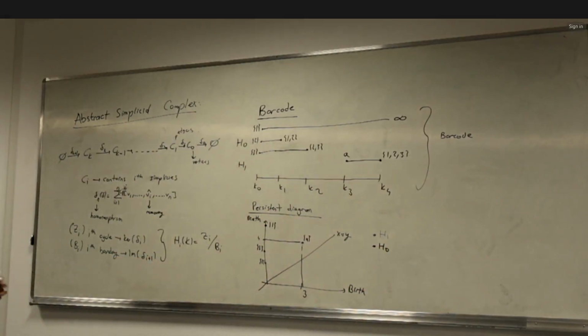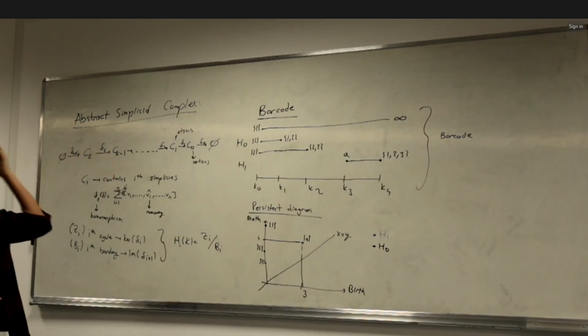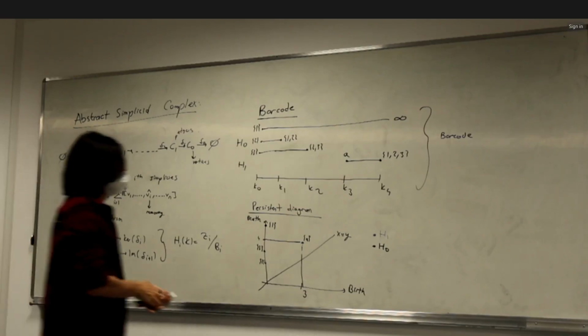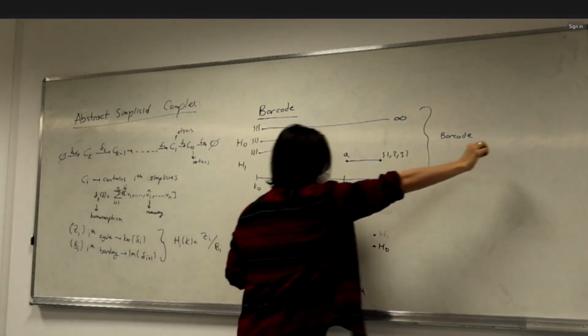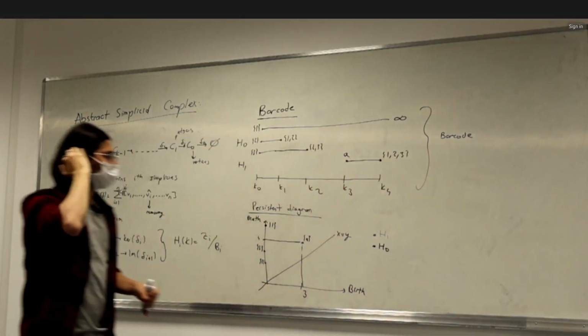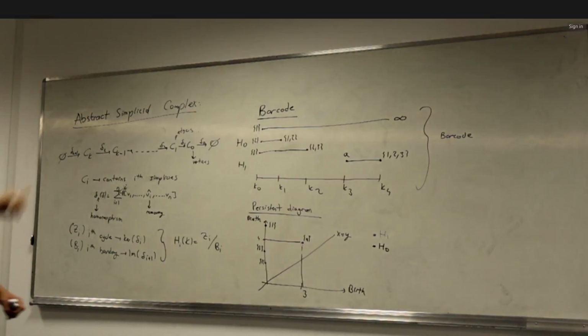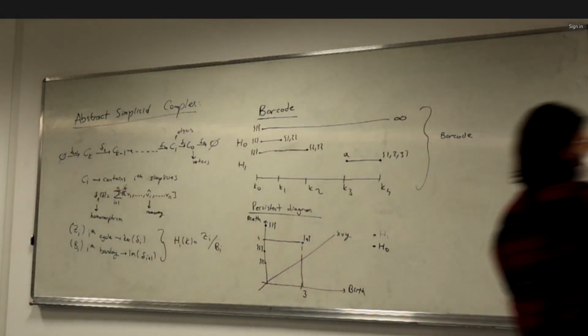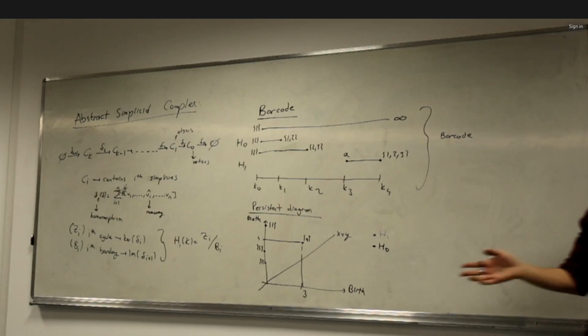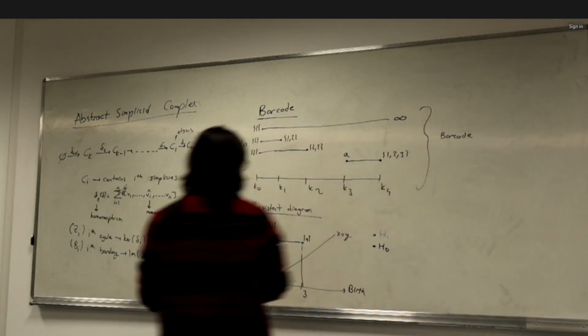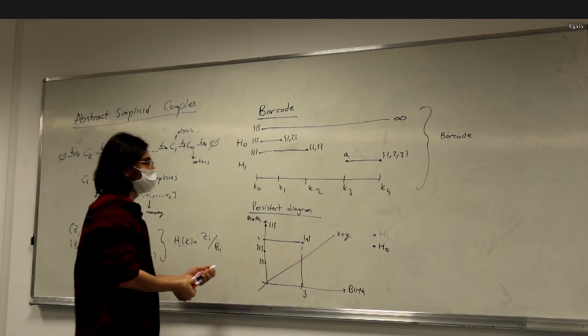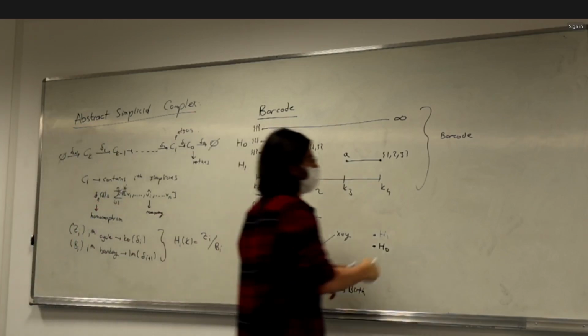So by looking at the barcode, we can say a couple of things. For instance, if we have a long H1 bar here, that will imply that there is a cycle that is persistent for a very, very long time. So that will mean that maybe our shape can have a huge hole in it, like this shape.